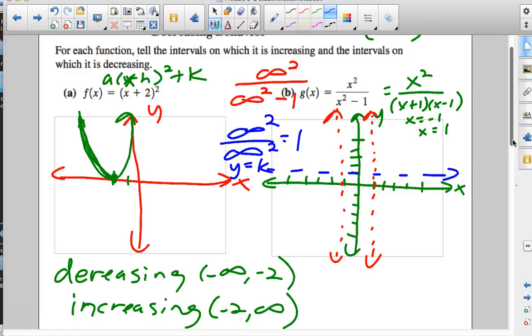Now without a graphing calculator, I could just quickly make myself a little sketch by making even the smallest tables here. I have 3 parts to this graph, and I say, well, this is cut off right here at x equals -1, so maybe if I put a -2 in, I'll know whether or not this is above or below here.